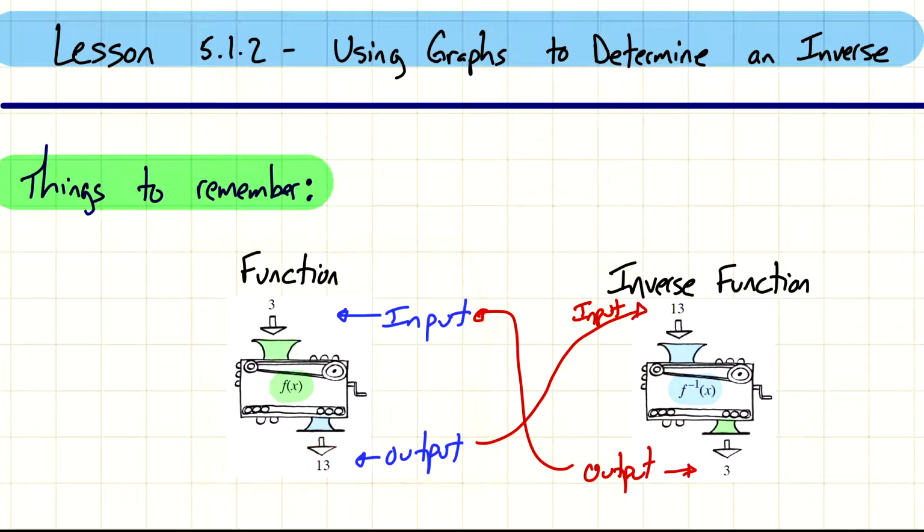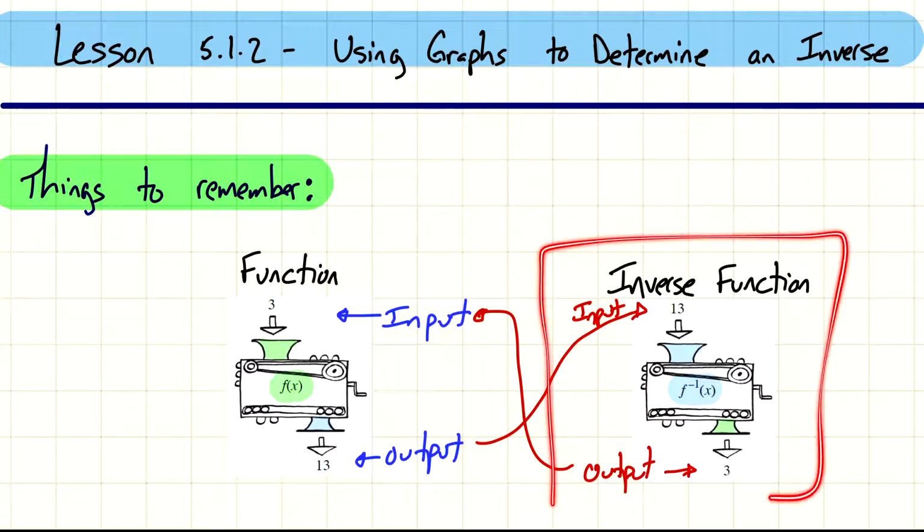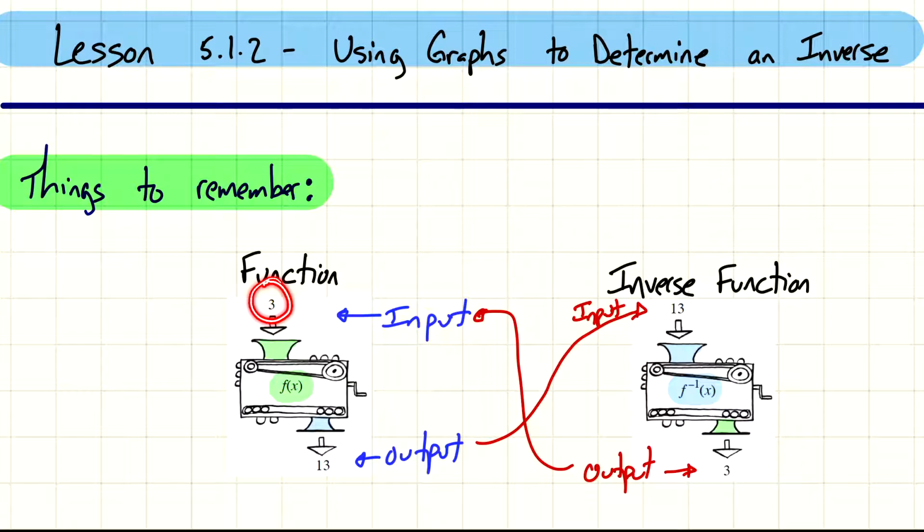And the way an inverse function works is it also takes in an input and gives you an output, but it should reverse the process that the original function was doing. So if I take the number 3 and I get a 13, maybe because I'm adding 10, then the inverse function is going to do the opposite. It's going to take the 13 and subtract 10 to give me the 3, right?